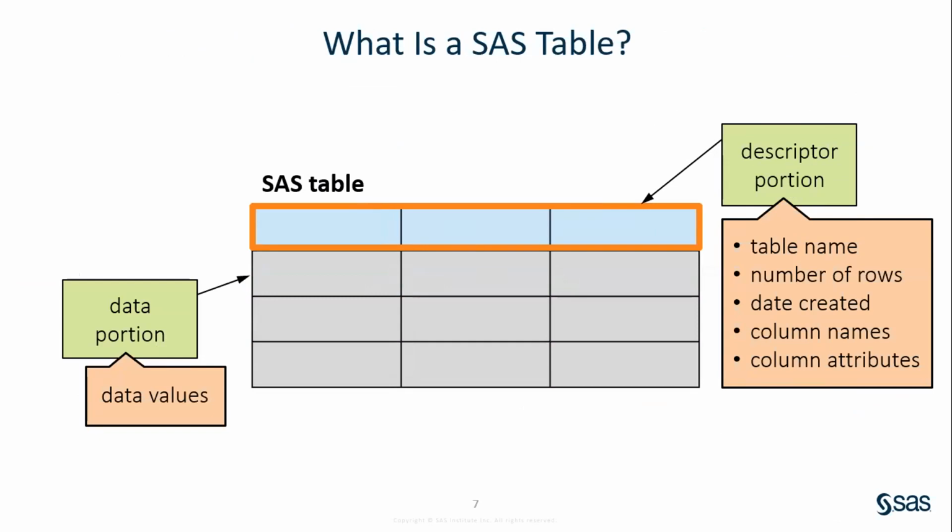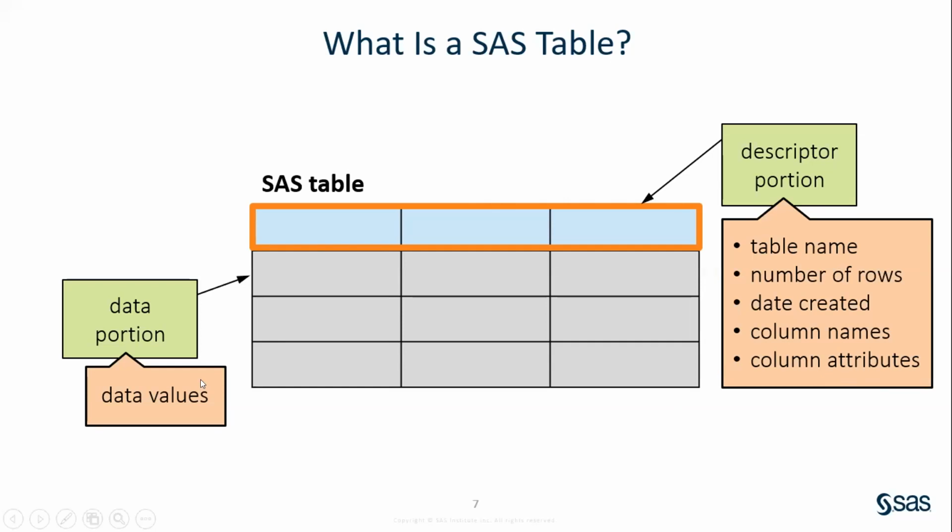It gives general information about your table: what your table name is, when the table was created, how many rows it has, how many columns it has, and what the attributes of your columns are. Attributes means the characteristics of columns, in short the column name, type, and length. So this is the descriptive part of the data table within SAS.